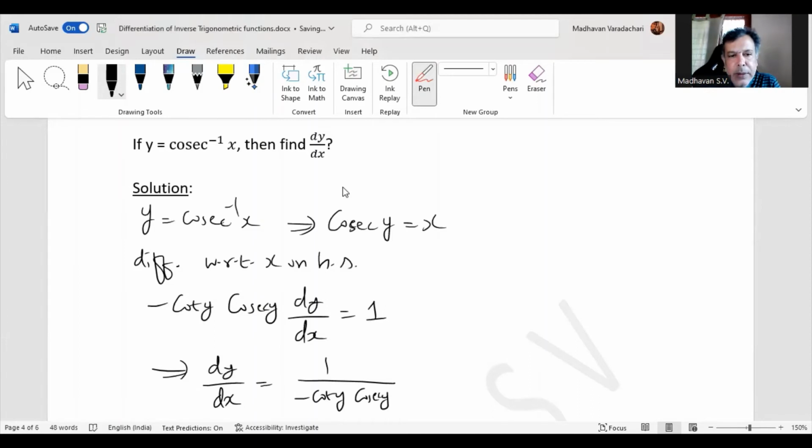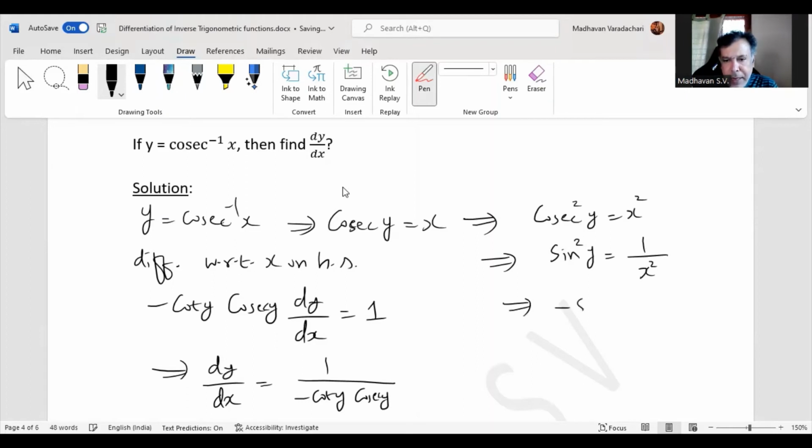Now, since we have this cosecant y equal to x, if I square it on both sides, it becomes cosecant square y equal to x square. Or I can put inverse, means I can put this as sine square y will be 1 by x square.